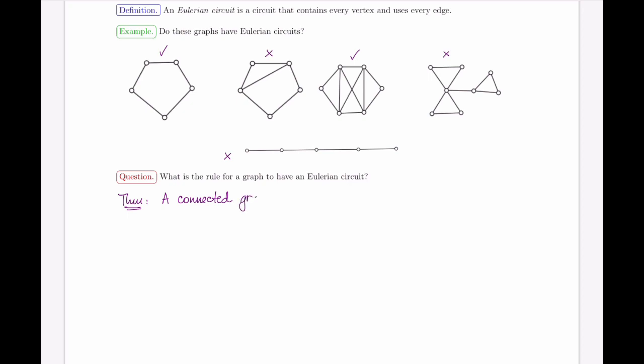So a connected graph is Eulerian, and again, that means it has an Eulerian circuit, if and only if, so necessary and sufficient, every vertex has an even degree.